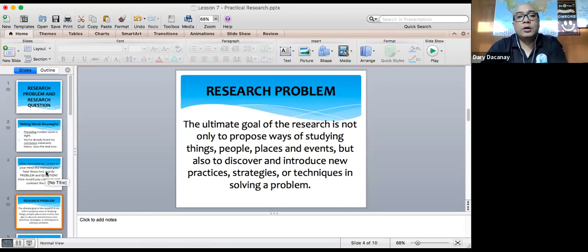Now, the ultimate goal of the research is not only to propose ways of studying things or people, for example, understanding the culture of Filipinos who love basketball, particularly Barangay Ginebra, or groups of young people playing a particular online game, or a place. Why is it that young people or kids would love to go to this area in the mall, the arcade?